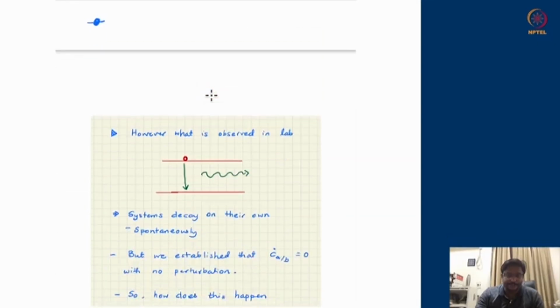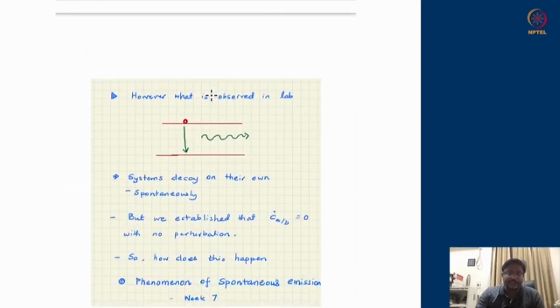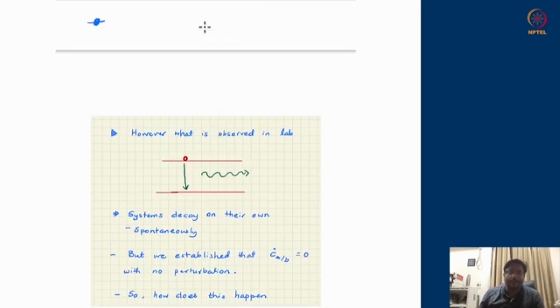So therefore, we will expect that if there is no externally applied electric field, no photon is shined, the excited state will remain excited, the ground state will remain ground. Only when photons are sent in with a matching frequency, this will come down and this will go up.